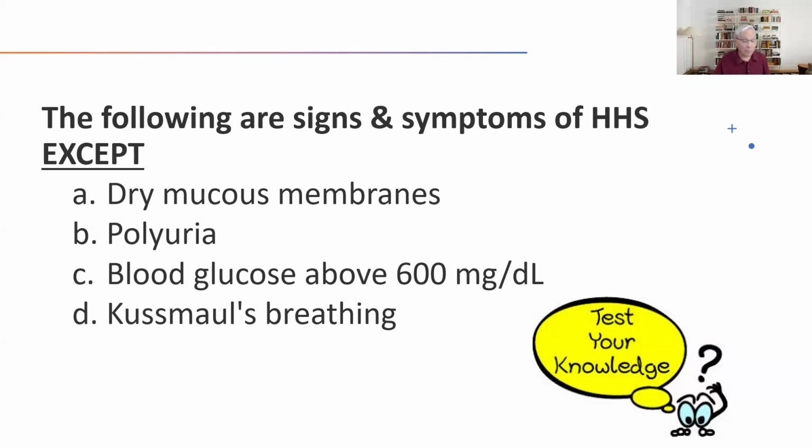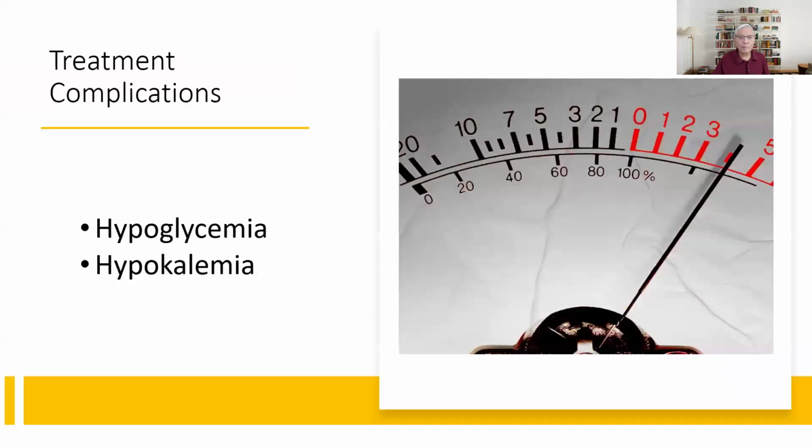So the correct answer here is letter D. All right, so in any case, both DKA and HHS are going to have complications once treatment is instituted, and that would include hypoglycemia as well as hypokalemia. Those are important complications to remember.